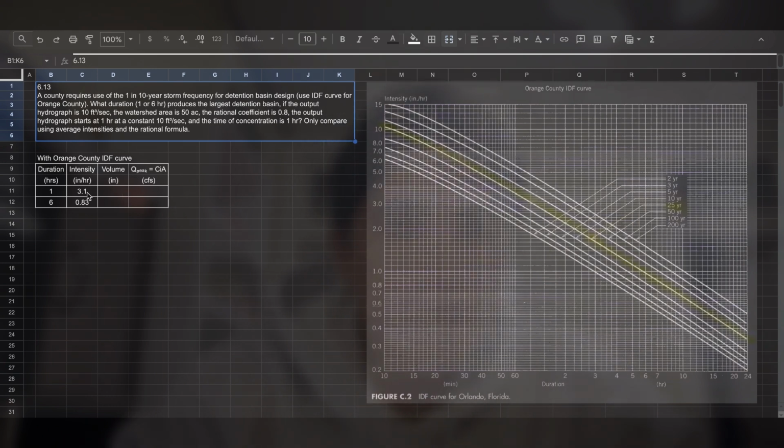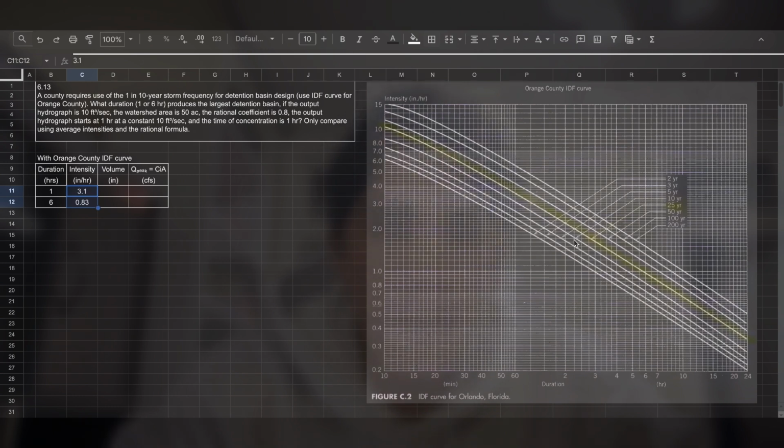And let's start by assuming we don't have these two values. We need to find the intensities with the IDF. And just a quick recap of how to do it. Using an IDF, you just go for the return period you are interested in. In our case, it's the 10-year return period, and then you go for the hours, the time of the storm.